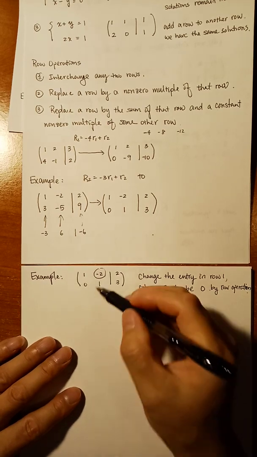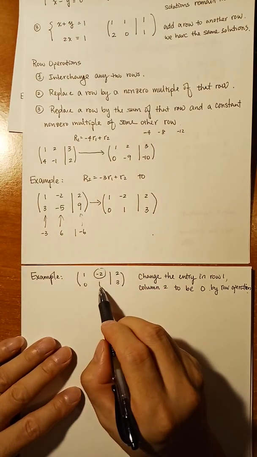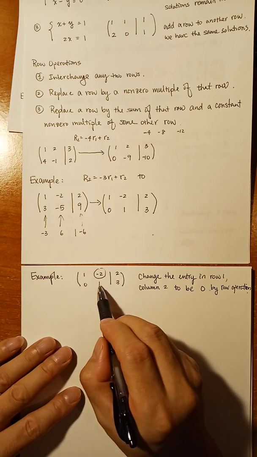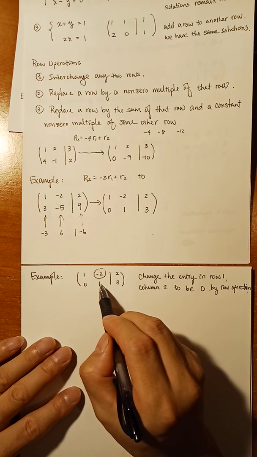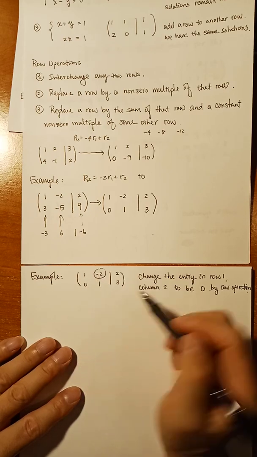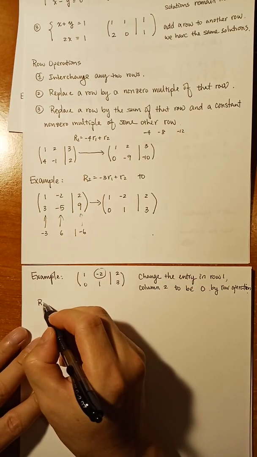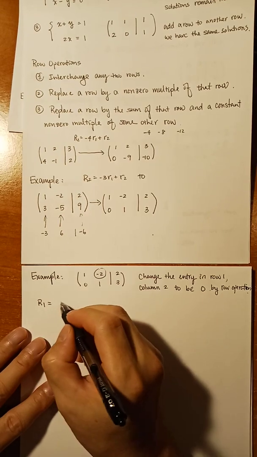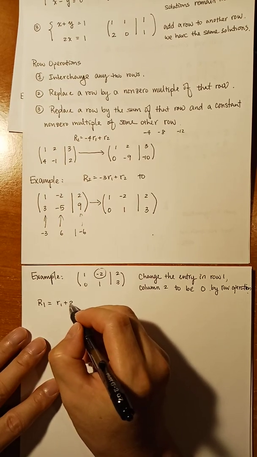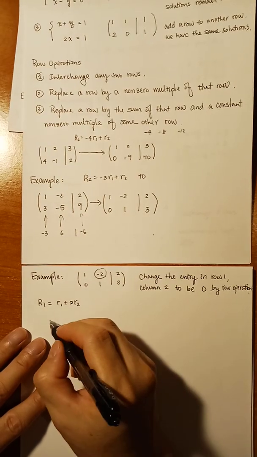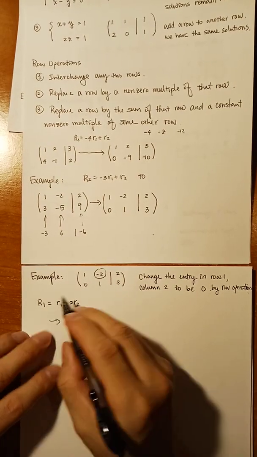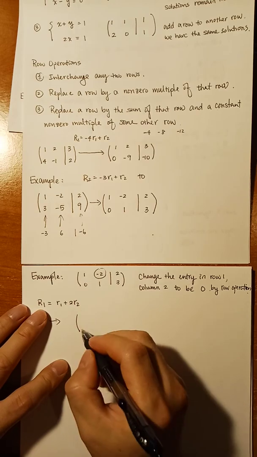So how do we do that? We can multiply the second row by 2 and add twice the second row to the first row. So our new first row becomes the first row plus twice the second row. In this process, the second row is unchanged.